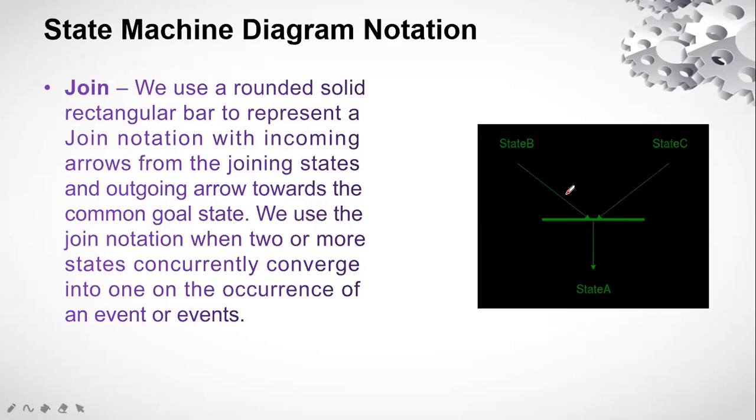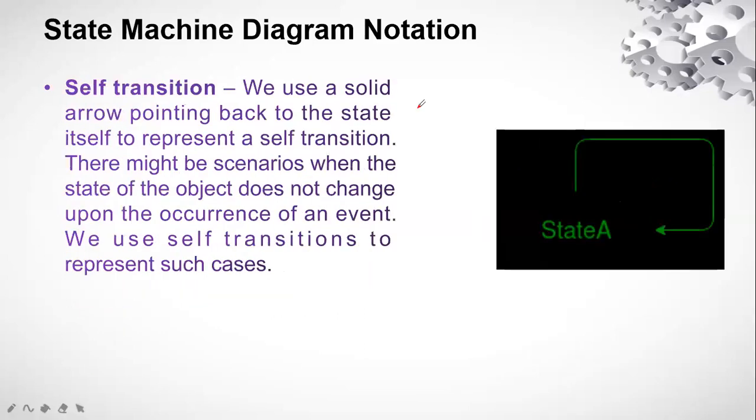These are the incoming arrows, and an outgoing arrow towards the common goal. What is the common goal? The common goal is state A, and two states, state B and C, are coming together to state A. We use the join notation when two or more states concurrently converge into one on the occurrence of an event or events.